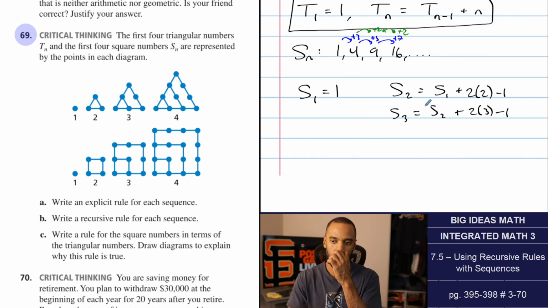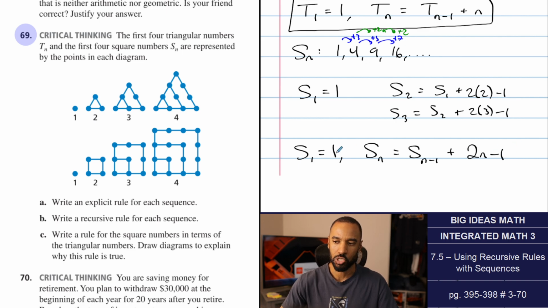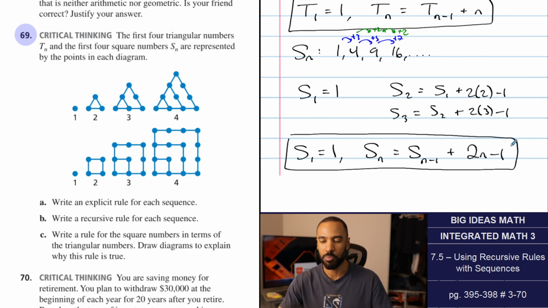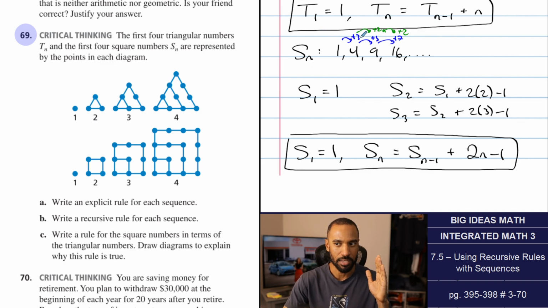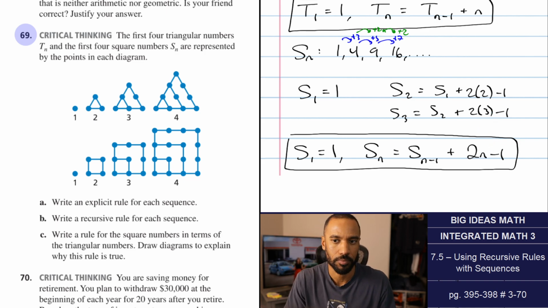So when we write this one out, it's going to be s sub 1 equals 1 and s sub n equals the previous term plus 2n minus 1, where n represents the term number. So it's kind of like an explicit rule that you write to make sense of what you're adding each time. They have a common difference of 2, and then it works out in that way.